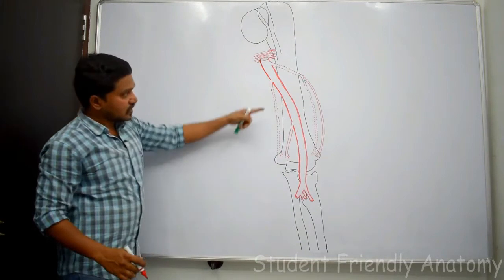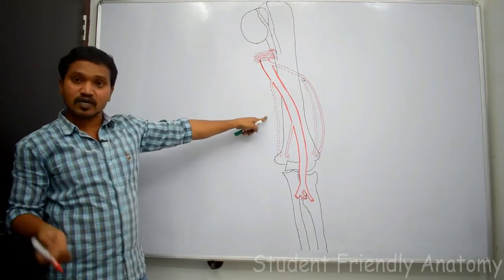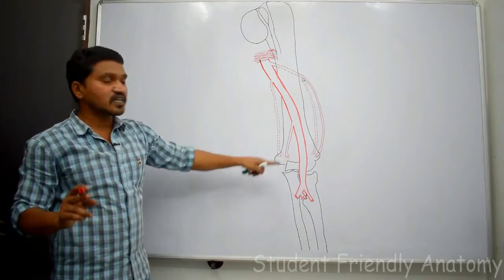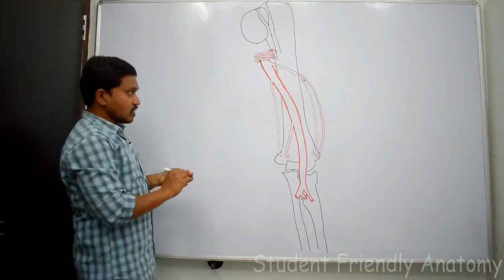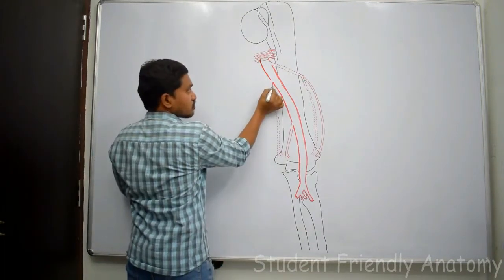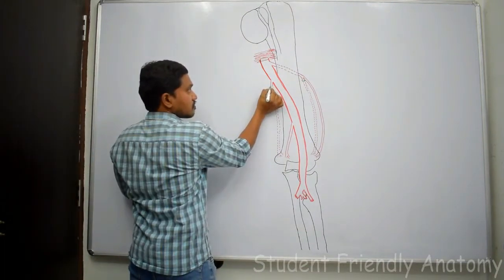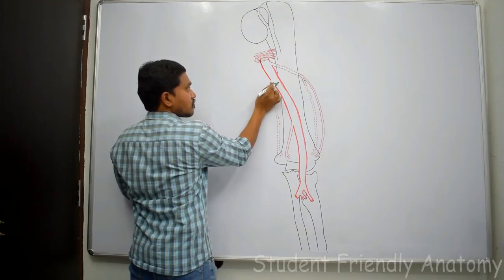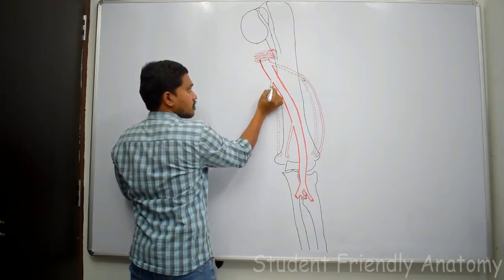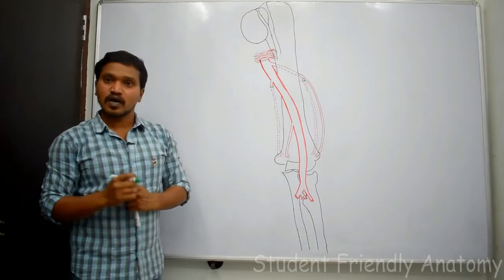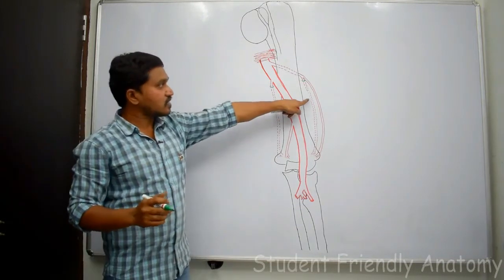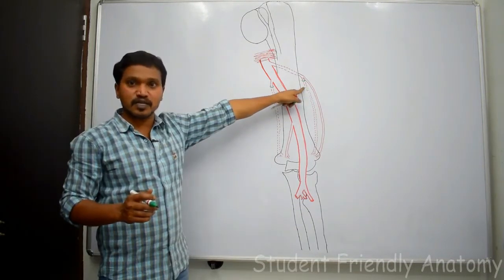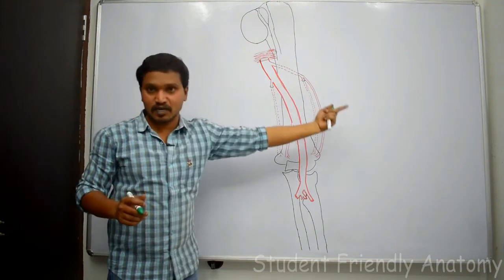See here, the posterior branches I have drawn with dotted lines. The anterior arteries I have drawn with continuous lines. Okay. So this also pierces which septum? The medial intermuscular septum, along with the ulnar nerve. And the posterior descending branch of the profunda brachii artery pierces the lateral intermuscular septum.